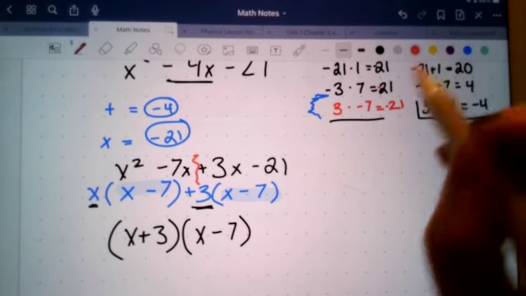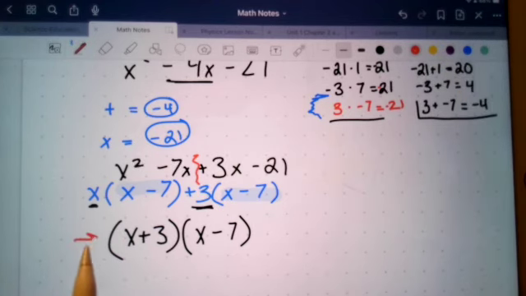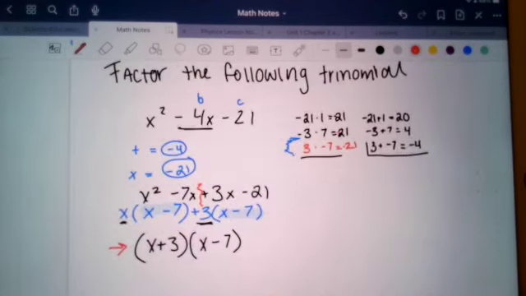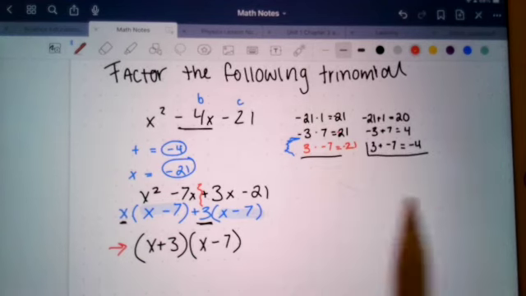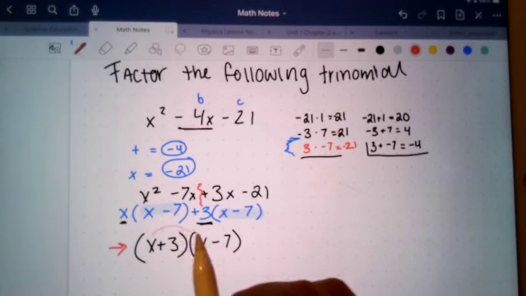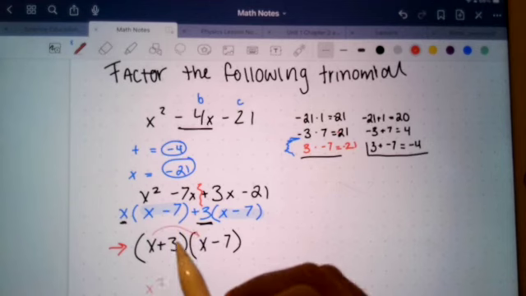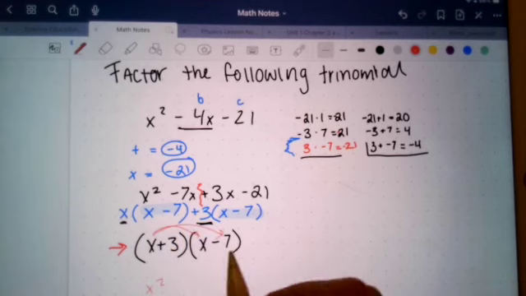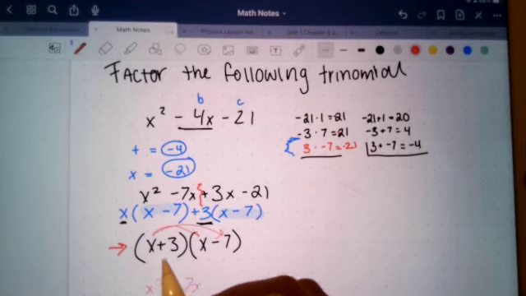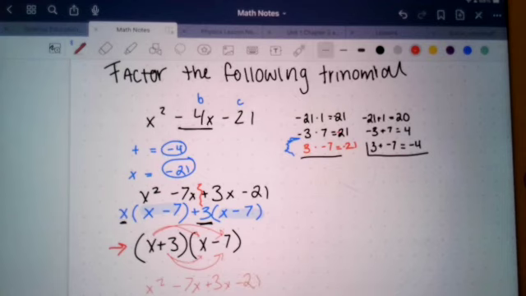Now watch this. So this is my final answer when you're asked to factor the following trinomial, but I'm going to show you how this works. So if I'm going to undo this for you: x times x is x squared. x times -7 is -7x, plus 3x, minus 21.